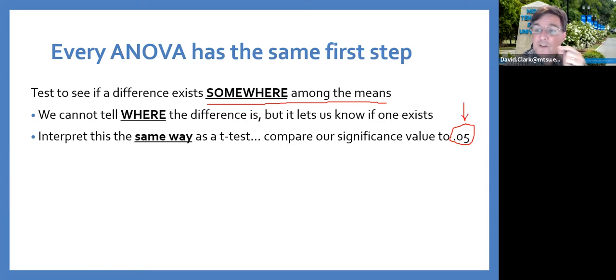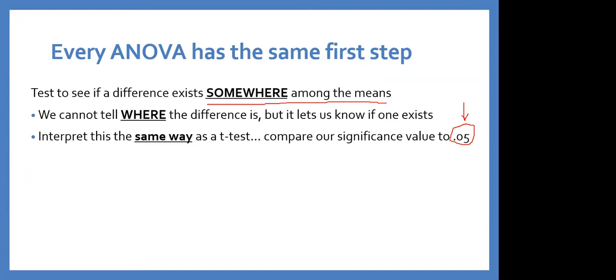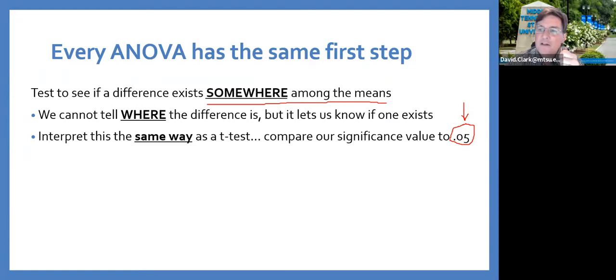You're saying I'm willing to accept a 5% chance that the difference is because of randomness or error, because there's a 95% chance that it's not. If you've been in my office enough, I've probably said, I'm 95% sure that blah, blah, blah. That means I'm pretty confident.